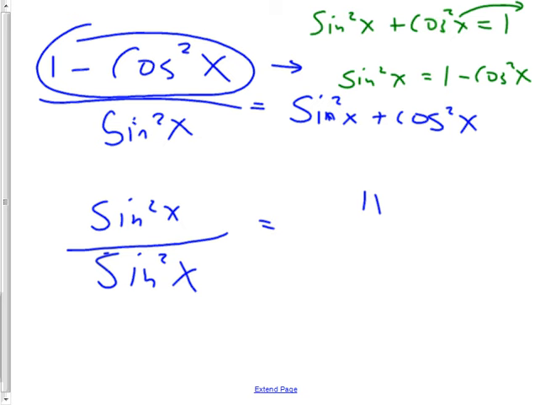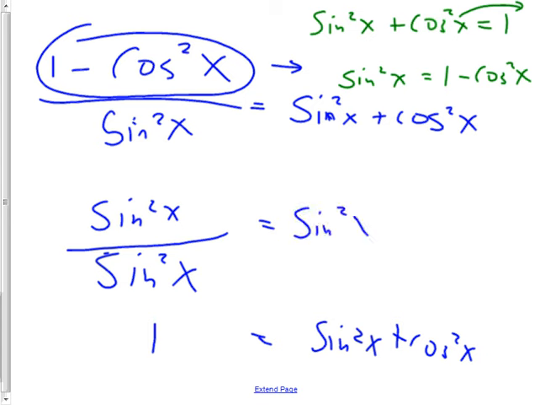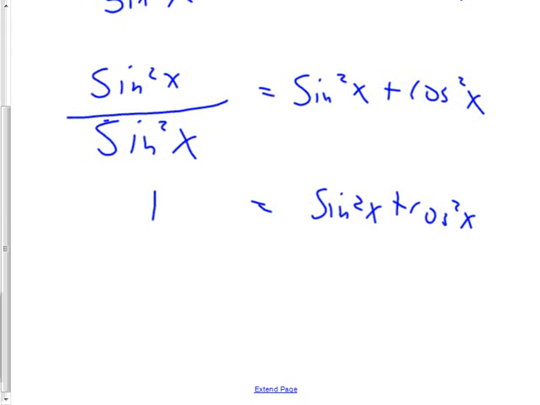So I leave the right side alone. I just put a double dash to mean I'm bringing it down. And this turns into 1 equals sine squared x plus cosine squared x. And again, I brought the right side down without changing it, because on a proof, you have to leave one side alone. But this is not good enough.